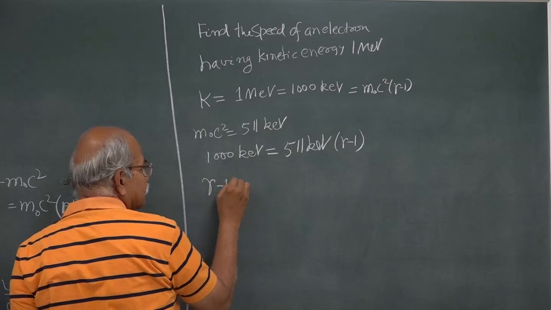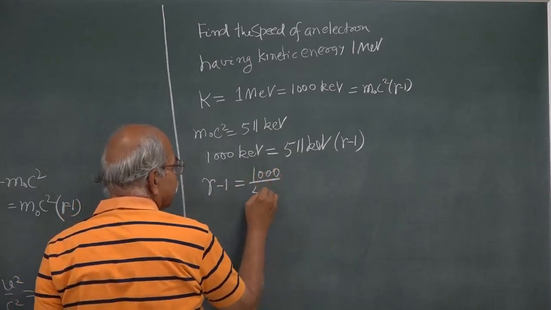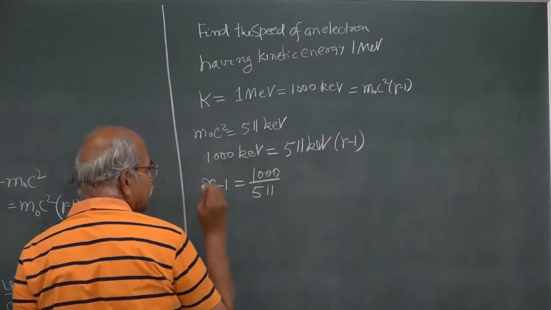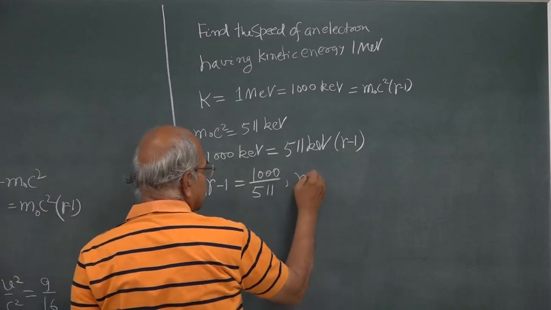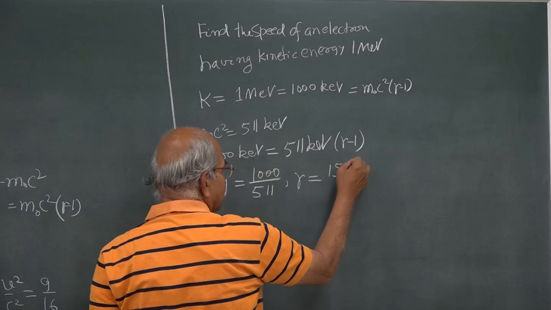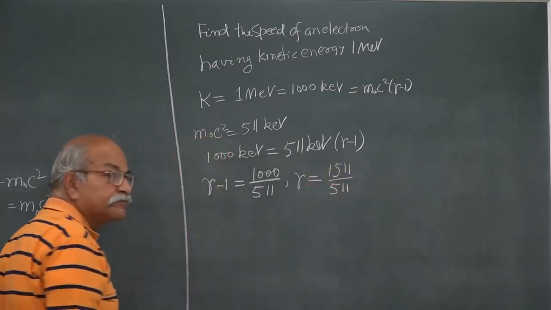So gamma minus 1 is equal to 1000 divided by 511. So gamma is equal to 1 plus this, that is 1511 divided by 511. That is gamma.